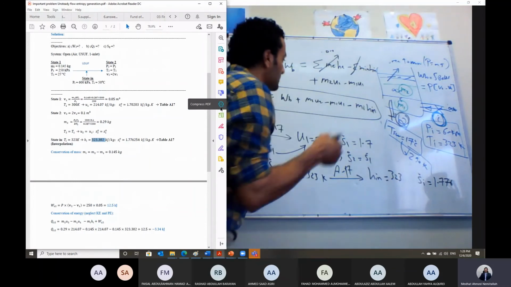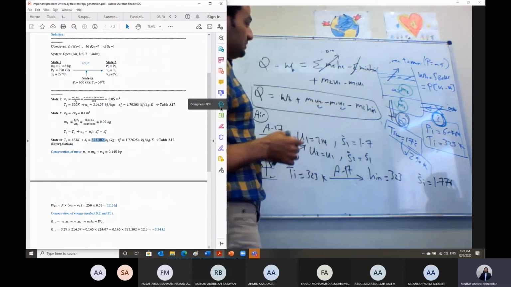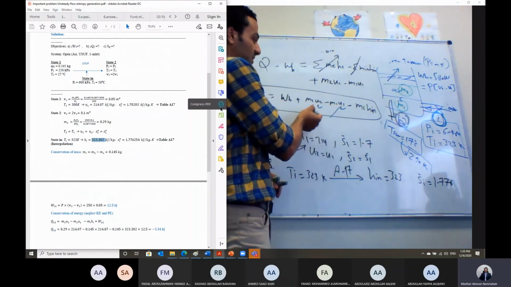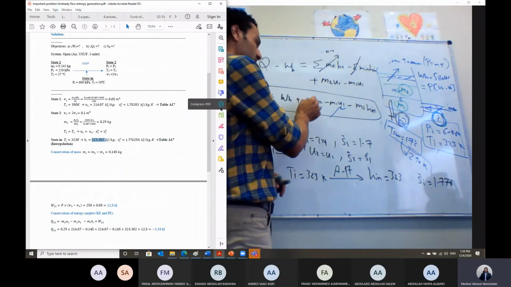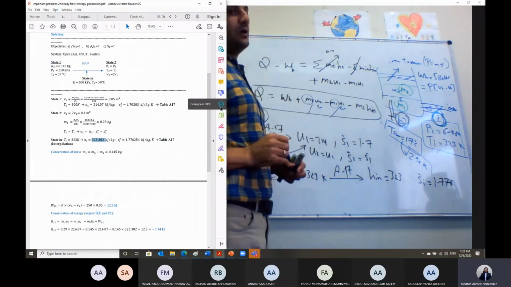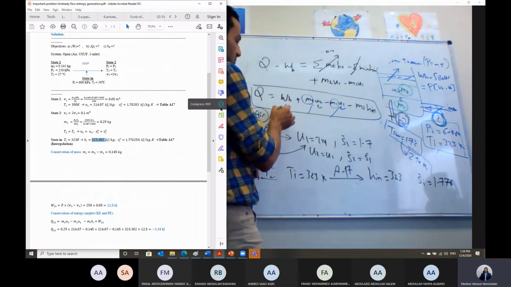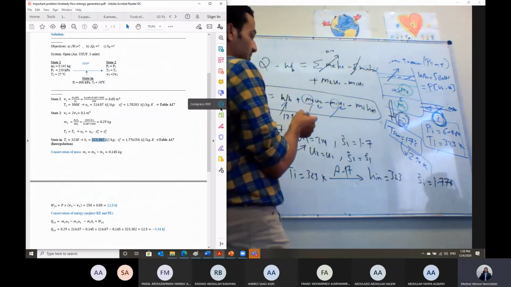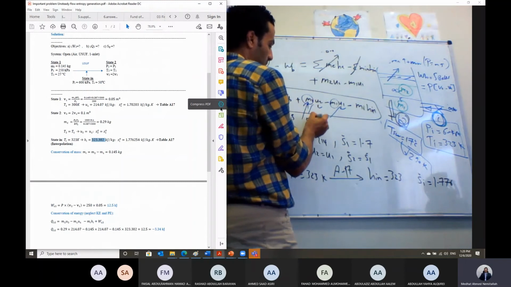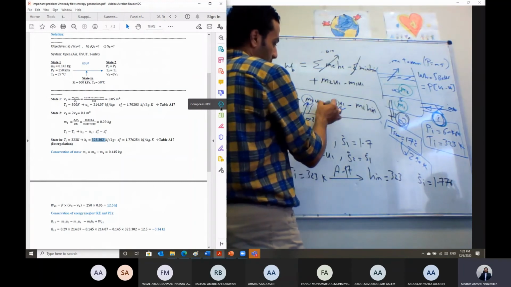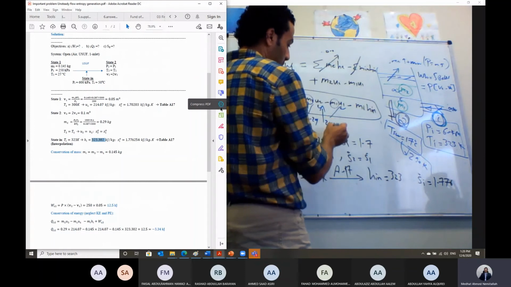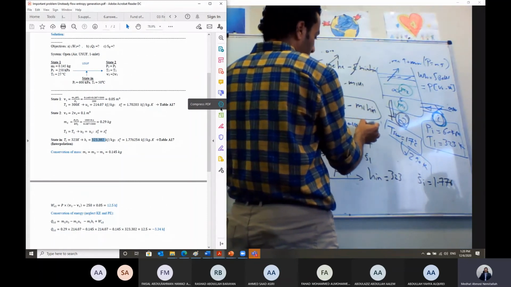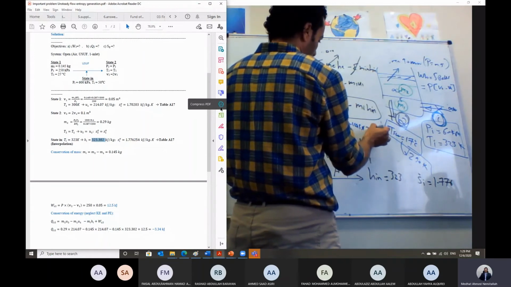Now we have u2 and u1, and u2 is the same as u1, so this term will be cancelled with this term. No, because m2 is not the same as m1. Okay, so just to substitute the values: m2 is equal to 0.29, u2, which is the same as u1, is equal to 214, m1 is equal to 0.145 multiplied by u1, which is 214.